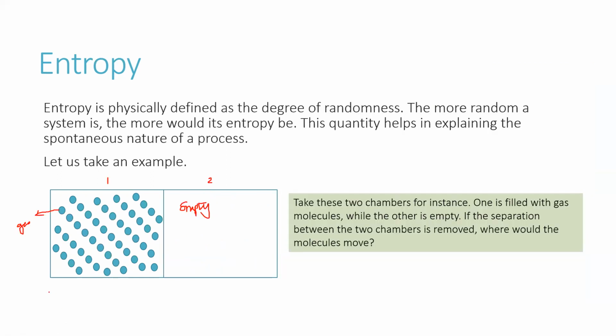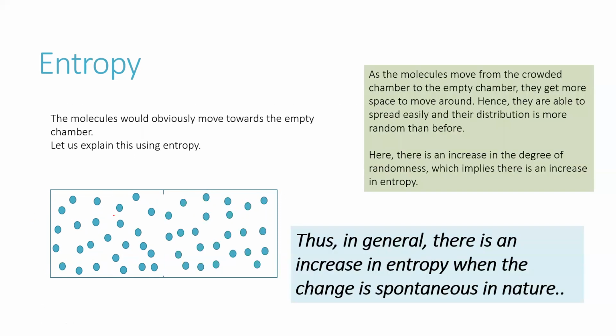Over here, the distribution is less random. Over here, the distribution is more random. The more random the distribution is, the more the entropy.